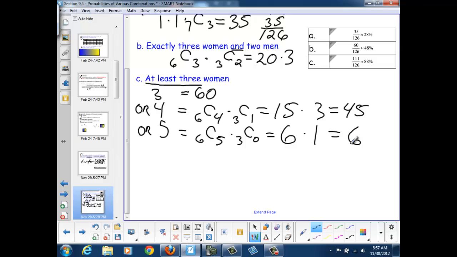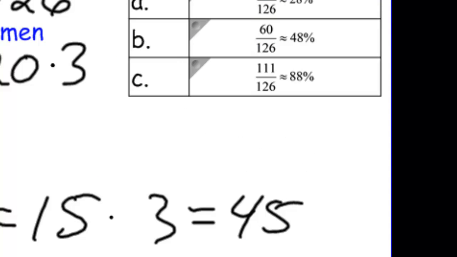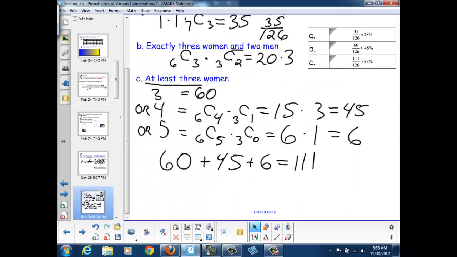So to calculate the total number of combinations of at least 3 women, I would have the 60 for exactly 3, plus 45 for exactly 4, plus 6 for exactly 5, which gives me a total of 111, which would mean that my probability would be 111 over the 126.